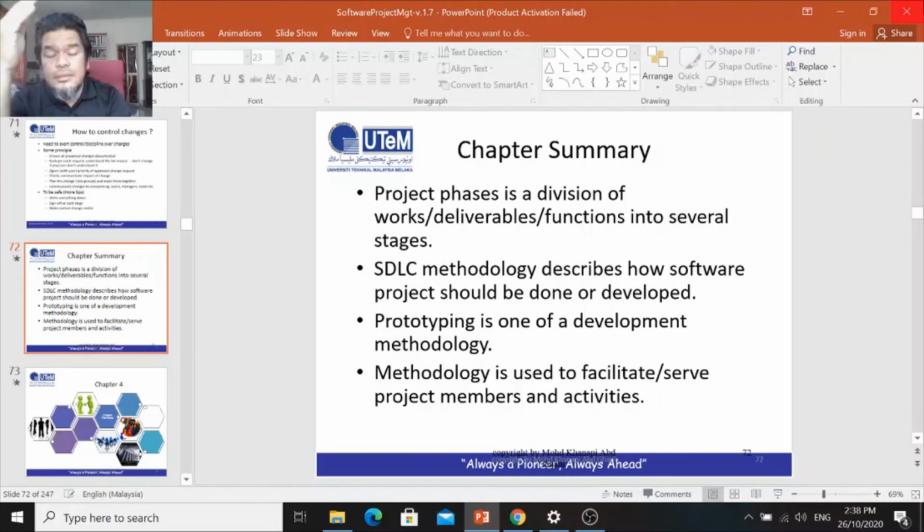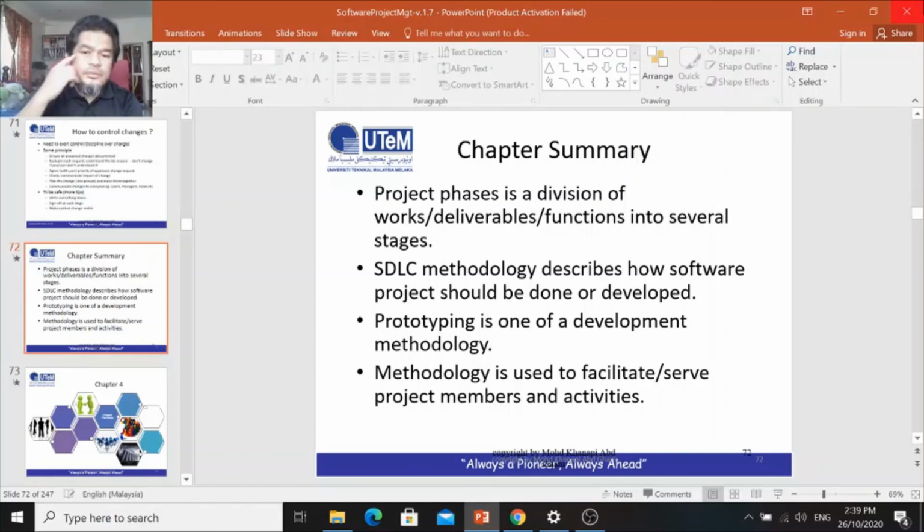There are pros and cons to using prototyping, because a lot of work needs to be done, and sometimes the perception of the user needs to be managed properly, because sometimes they expect that when you do a prototype, the system is nearly finished. So this is very dangerous.